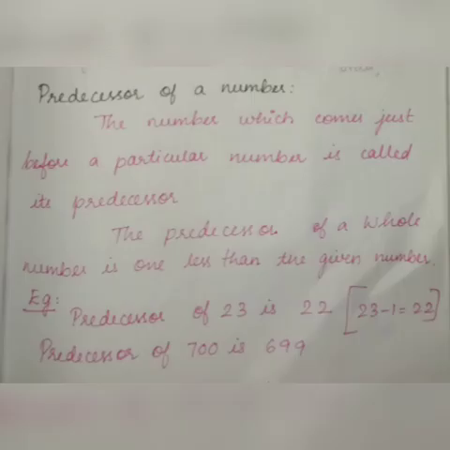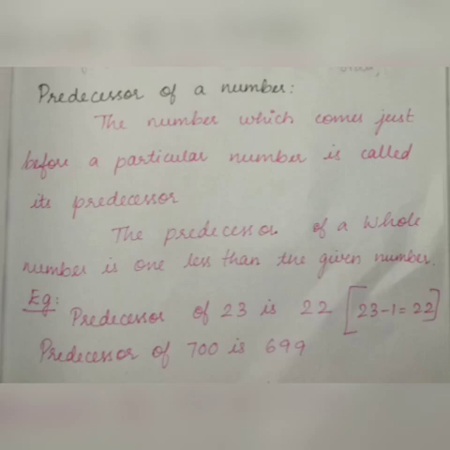See, here is another definition, predecessor of a number. Predecessor of a number means we have to find the previous value. The number which comes just before a particular number is called its predecessor. If you want to find the predecessor of a number, you subtract 1 from that number. That's all.